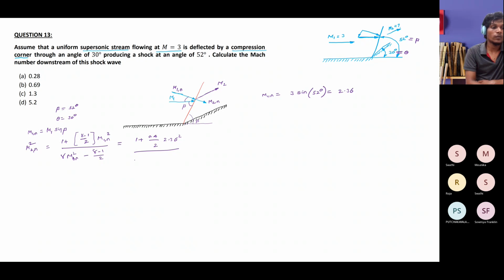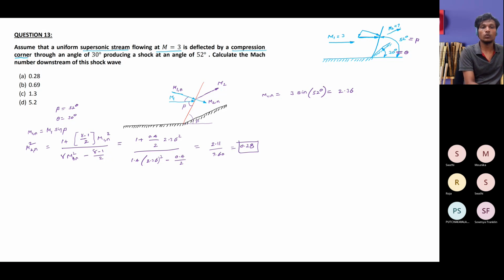So let's substitute the remaining values: gamma equals 1.4 times 2.36 squared, minus gamma minus 1 over 2, that is 0.4 over 2. These are the values we substituted from the normal shock wave relations. Upon simplifying, you will see 2.11 by 7.60 equals 0.28.